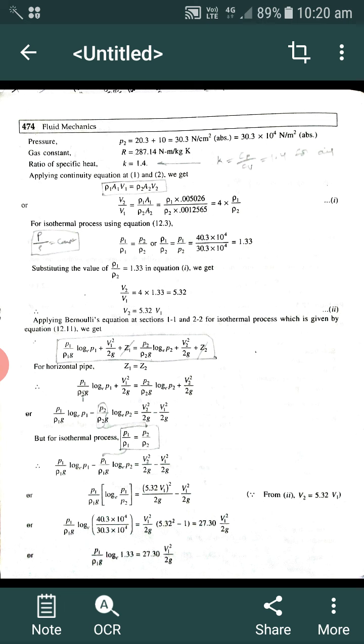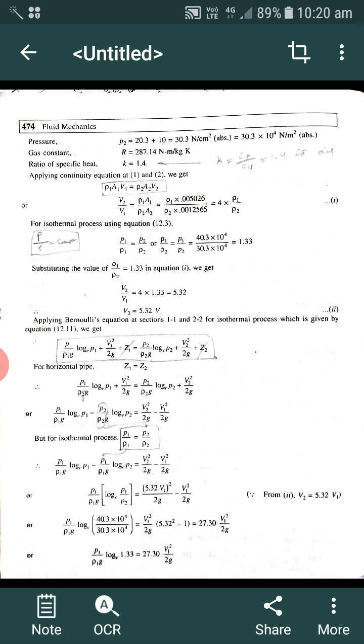Applying the continuity equation at section 1 and 2: rho 1 A1 V1 is equal to rho 2 A2 V2. Here you find the velocity ratio V2 by V1, which after simplification is 4 into rho 1 by rho 2.